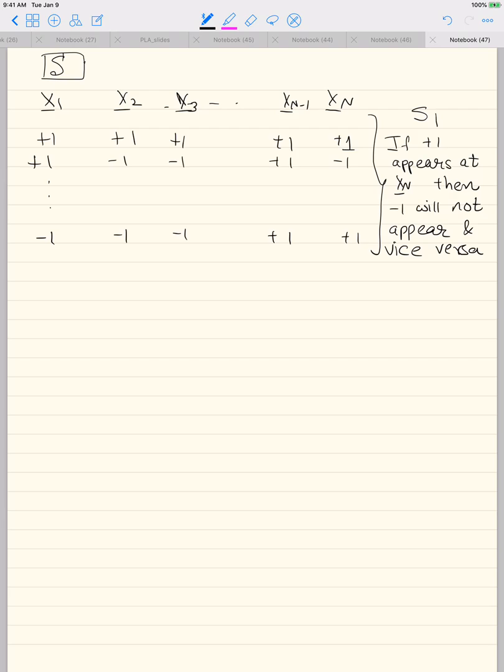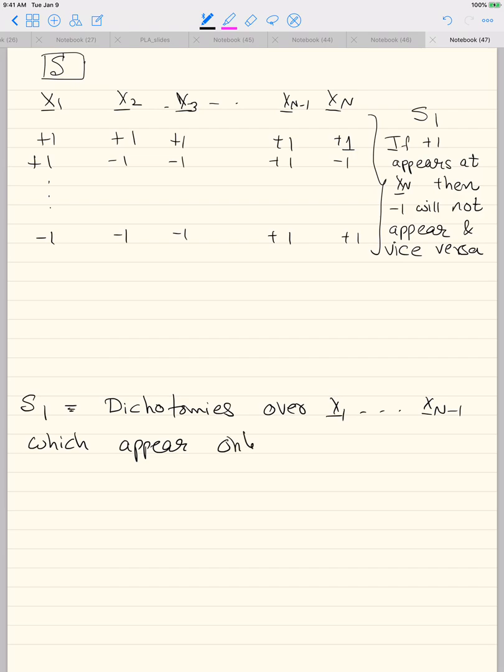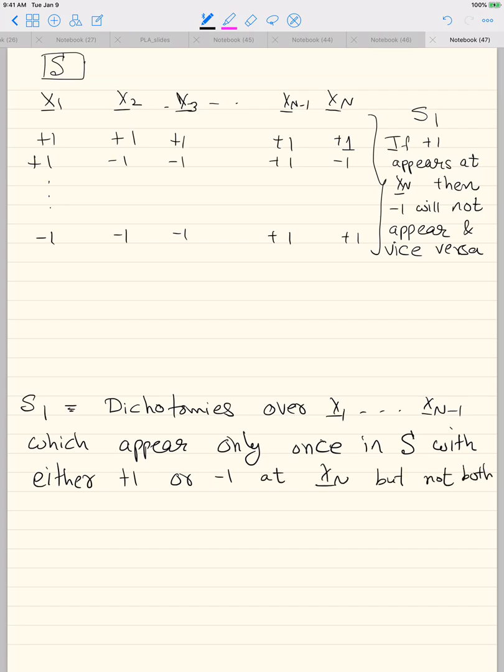So let me write it down. S1 is a subset of S, or actually S1 here is the dichotomies over x1 to xn-1 which appear only once in S with either +1 or -1 at xn, but not both.